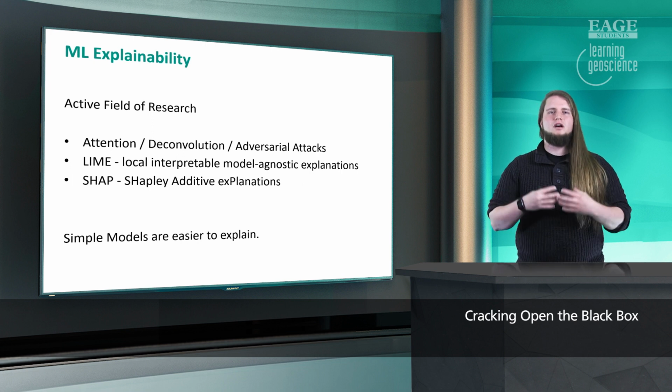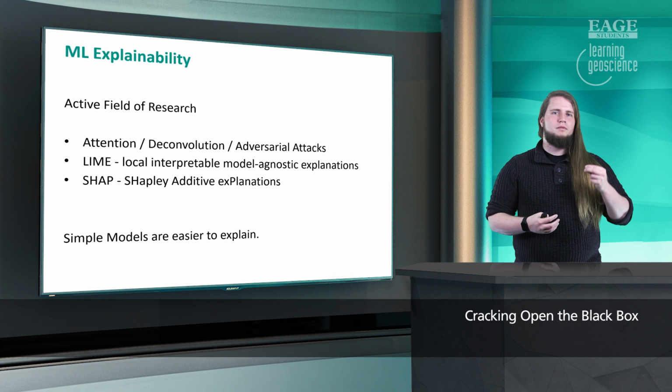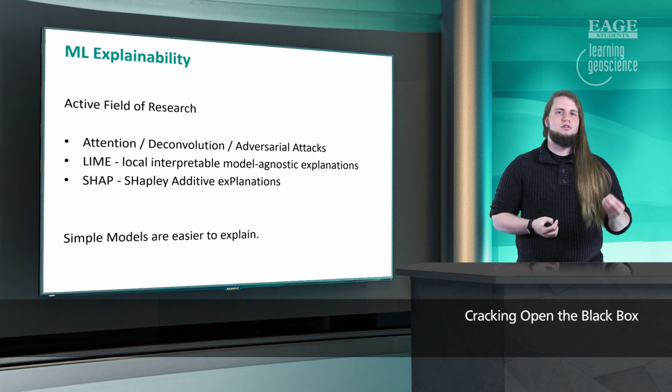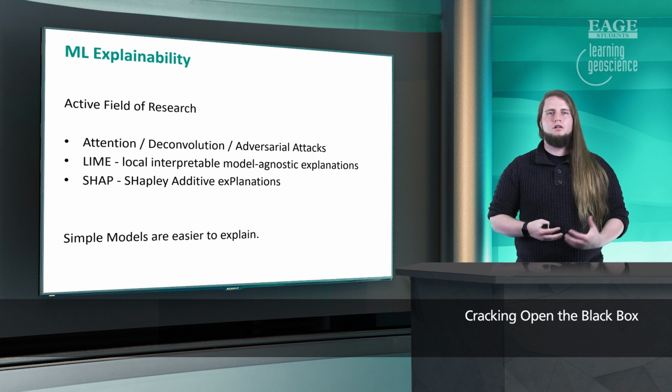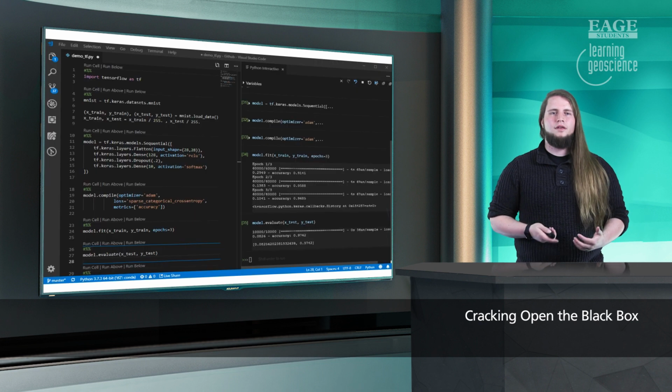Support vector machines are smaller, simpler models that are easier to explain. But the problem with that is deep learning is so powerful and so good at doing these complex tasks because those are complex models. So you have a trade-off here, and you have a decision to make if you can use a simple model or if you have to upgrade to a more complex, deeper model.